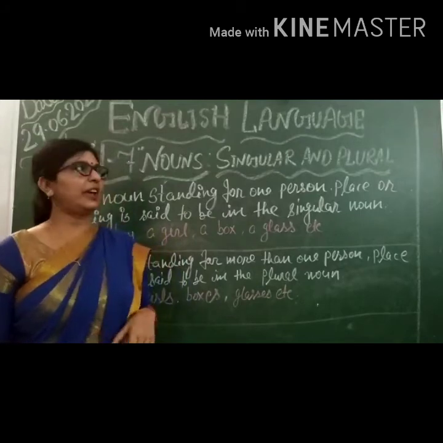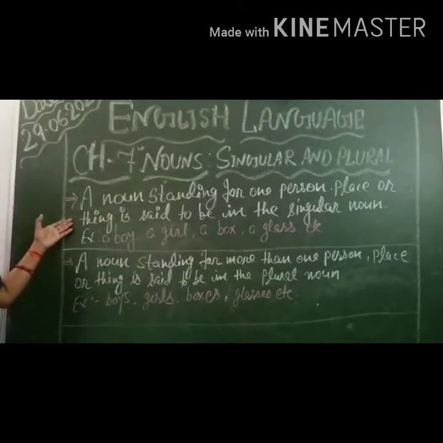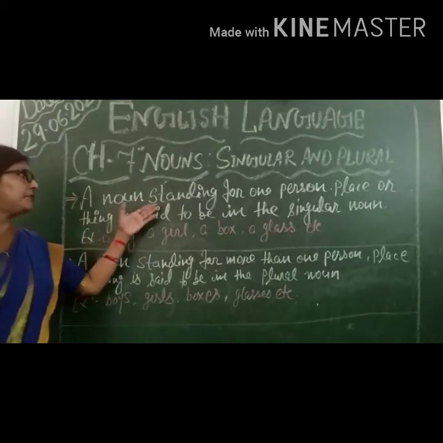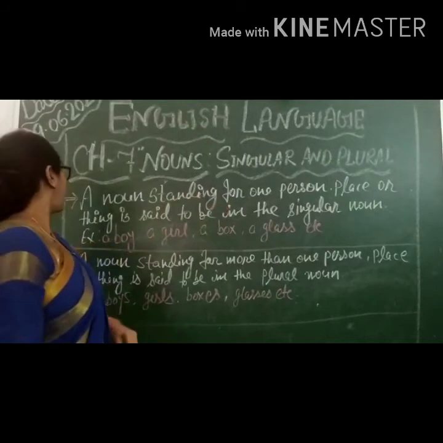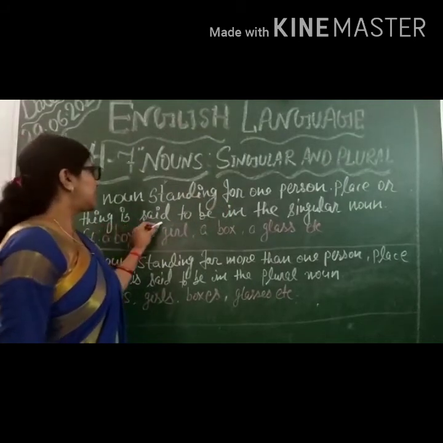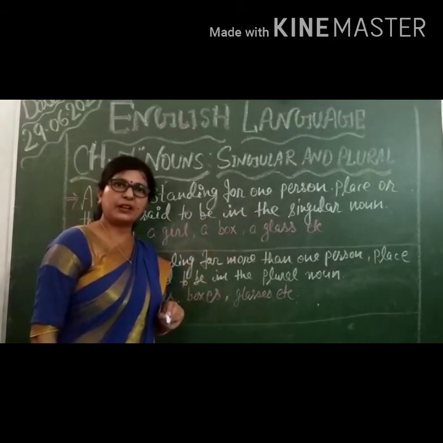As you can see here, the definition of singular form: a noun standing for one person, place or thing is said to be a singular noun. Okay children?